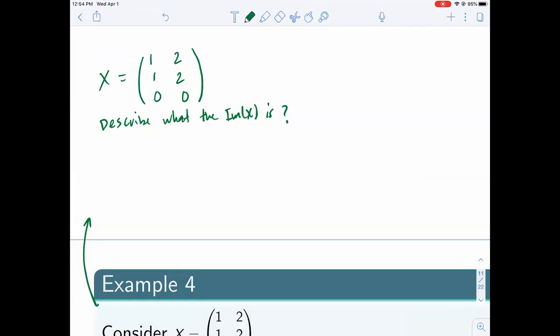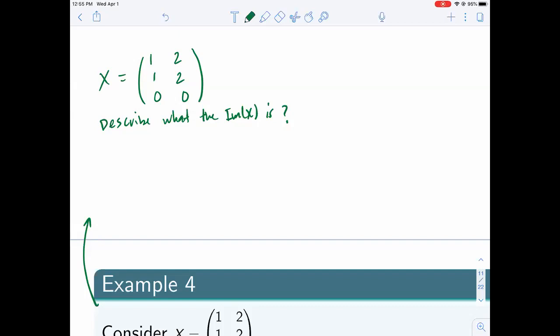That's correct, but what more? Because X is linearly dependent, the first vector is a multiple of the second vector, like (2, 2, 0) is a multiple of (1, 1, 0).